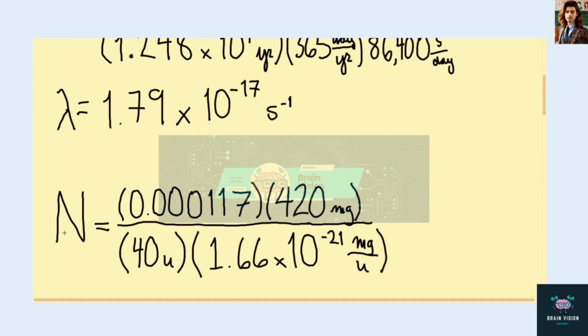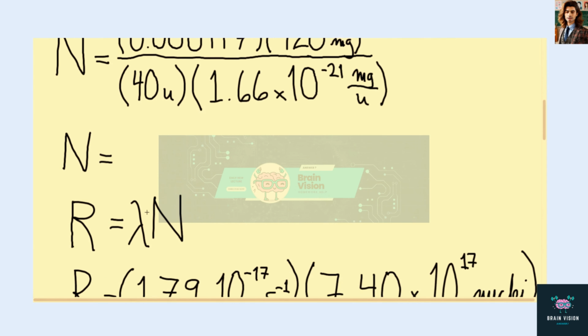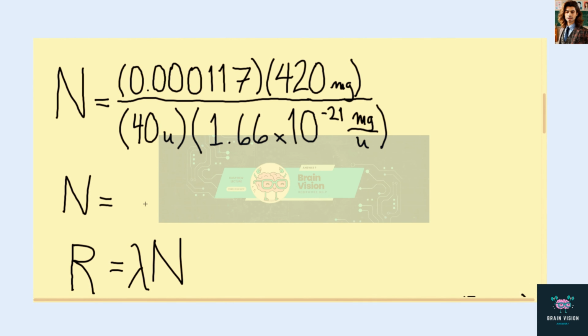That way, we're left with a unitless count of the number of nuclei. Plugging in these numbers, we find that there are 7.40 times 10 to the 17th nuclei.